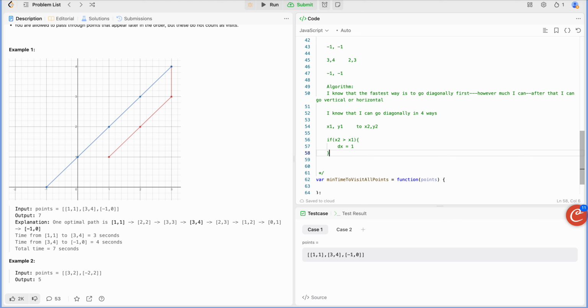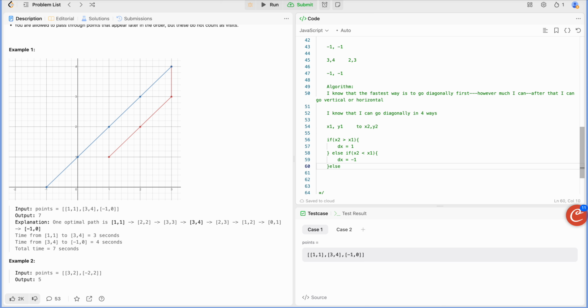And if x2 is less than x1, then dx will be equal to -1, right? Because I need to go left, because this point is smaller.